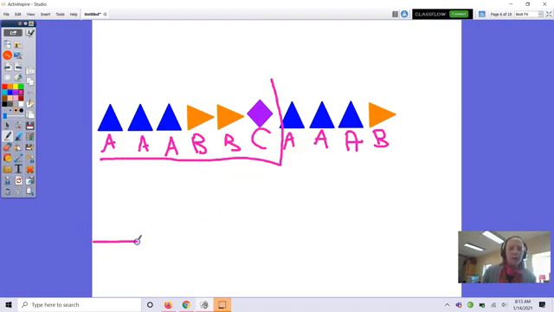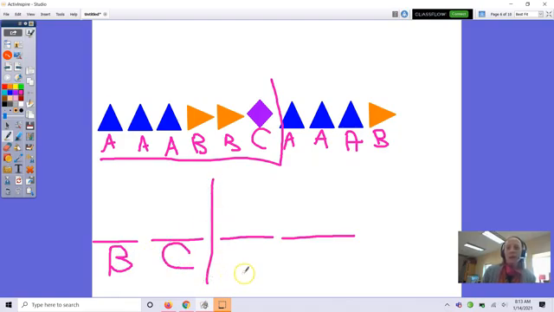So if I asked for the next four shapes, okay, I see that I have an A, B. What comes after the B? You're right, another B. So what comes after A, B, B? You're right, C. And then my pattern's going to start all over again.